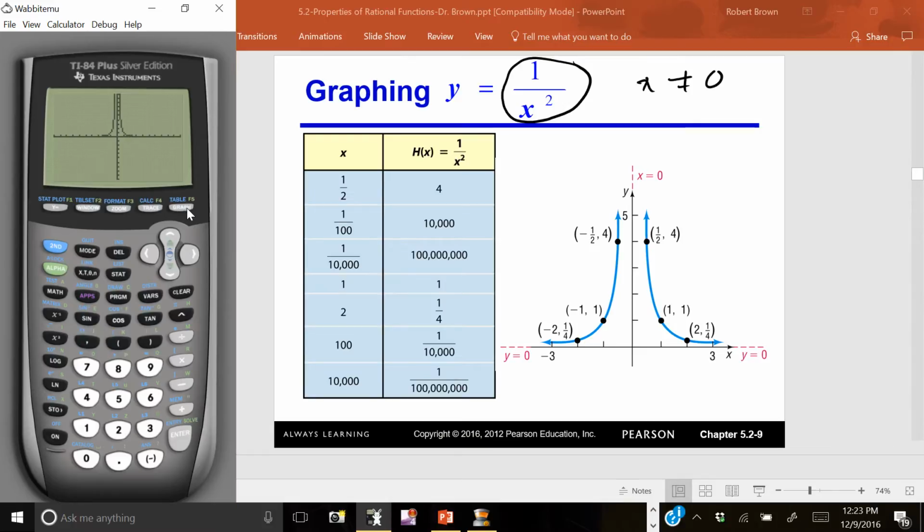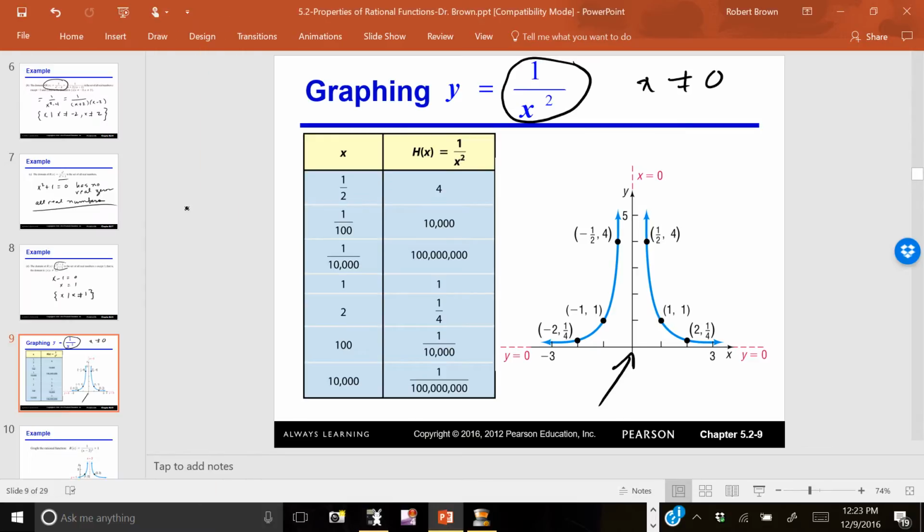And there we have what we would call the vertical asymptote. Notice that as x gets closer to 0, the function goes to plus infinity. And over here in the table, as you substitute various numbers for x, if you put in 1/2, you get 4.